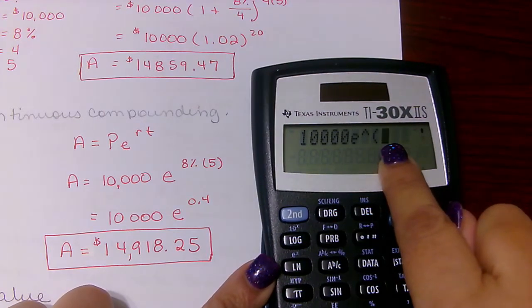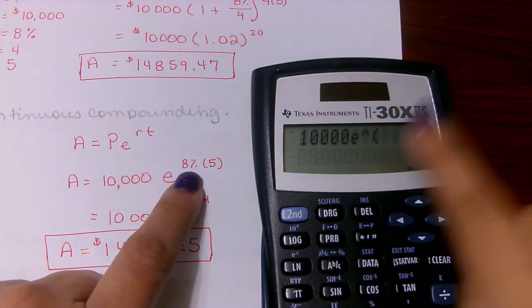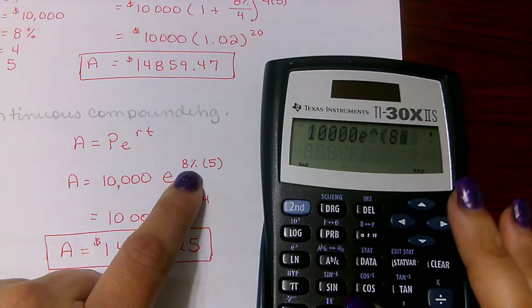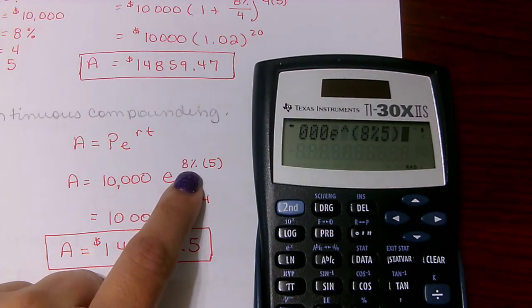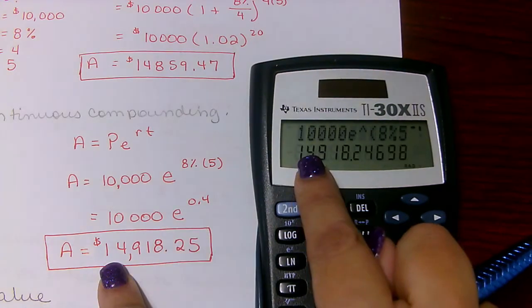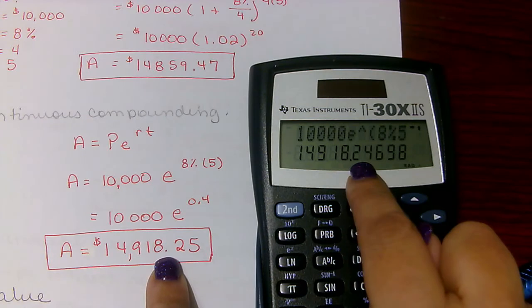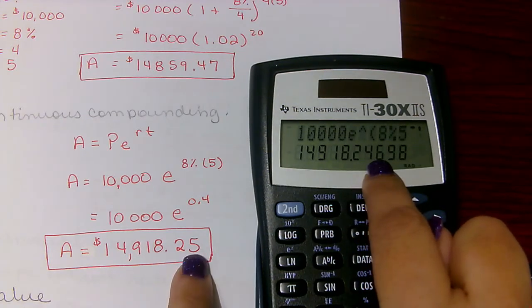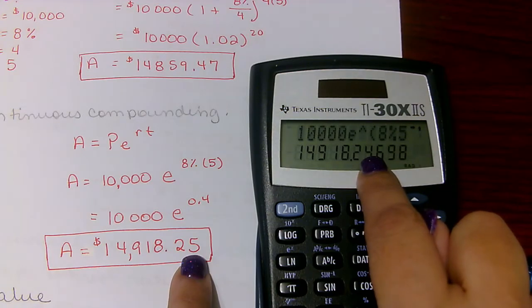Notice that it automatically gives us a set of parentheses, and here we're going to go ahead and multiply 8% times 5 years. Close the parentheses and you get $14,918.25. The 6 is greater than a 5, so that means the 4 goes up to 5.